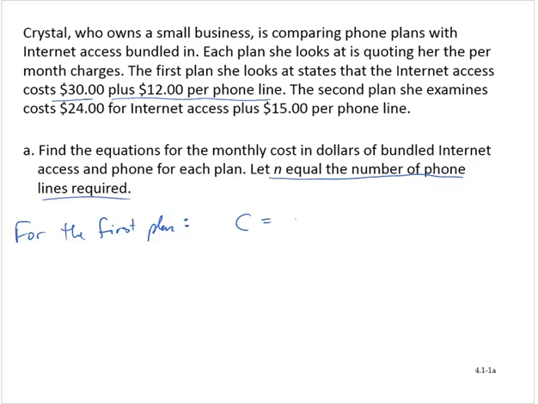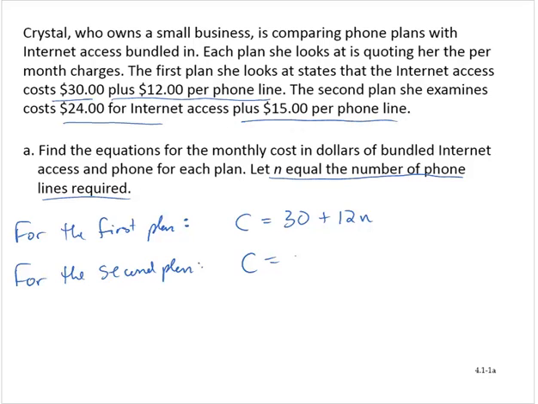So then the cost would be $30 for the internet access, and an additional $12 times n, $12 per phone line. And then for the second plan, the cost would be $24 for internet access plus $15 per phone line. And so that would give us 24 plus 15n.